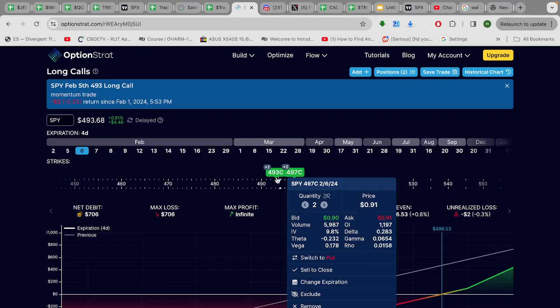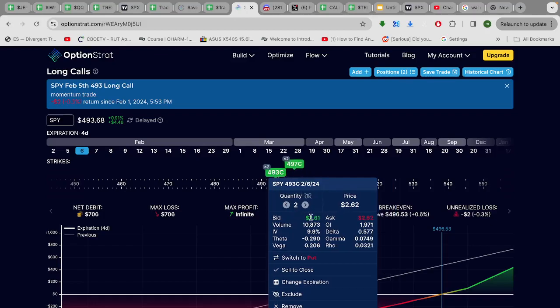So I'm going to sell for a profit these 2 calls we bought yesterday. It was a nice trade. So sell to close. Closing price, I'm going to put in here the bid, 0.61.